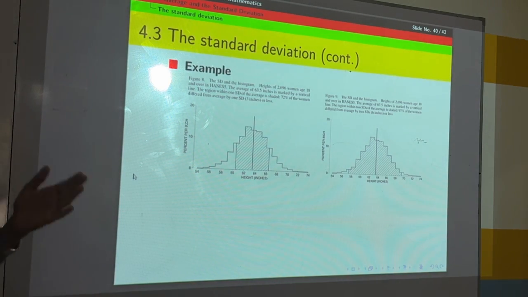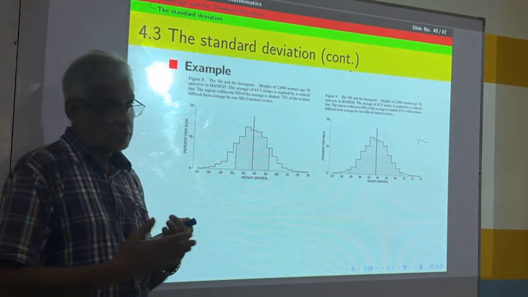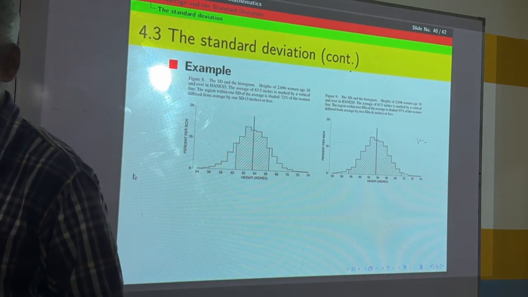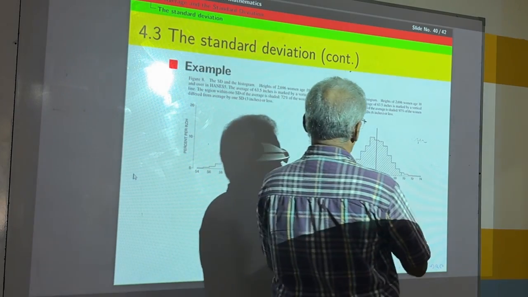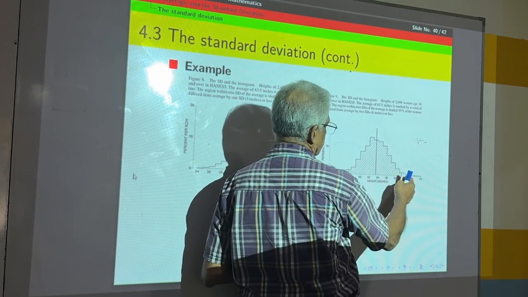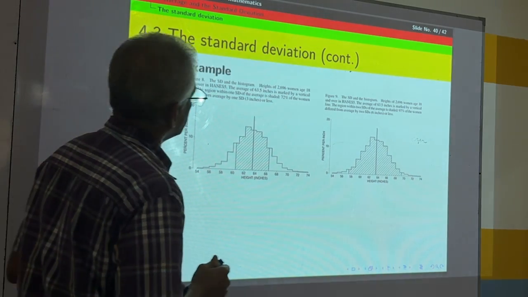X bar minus standard deviation, x bar plus standard deviation. So most of the data, here even more than 68%. And if they calculate x bar minus 2 standard deviations, they have seen that it's roughly 95%, I think.